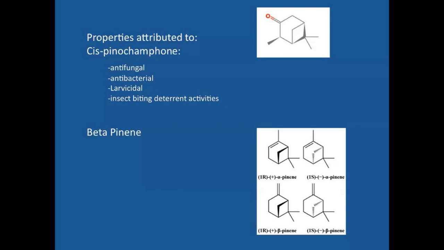Now notice that the beta-pinene has multiple forms as well in its molecular structure. There are 2 forms of the beta-pinene on the lower 2 figures. So notice the double bonds stick up to the functional group. Or you can have, and it's not really a cis or a trans, but they have the bonds projecting above the plane or below the plane in the bottom 2 figures.